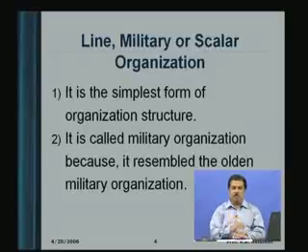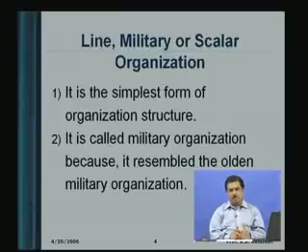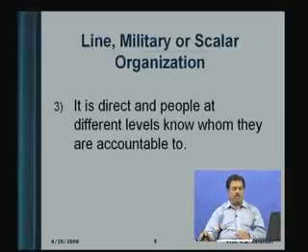So one person reported to one boss, and the boss had a set of people to supervise, and it is typically the olden days of military organization. So military organization and line organization have been used synonymously in many texts. It is direct, and people at different levels know whom they are accountable to.